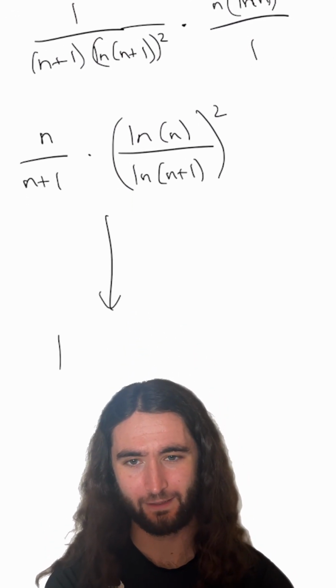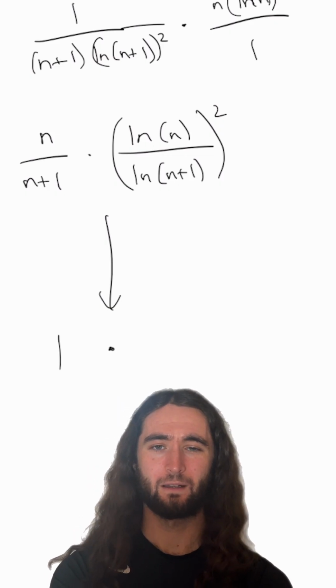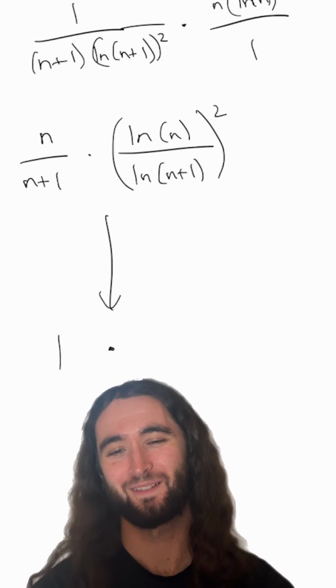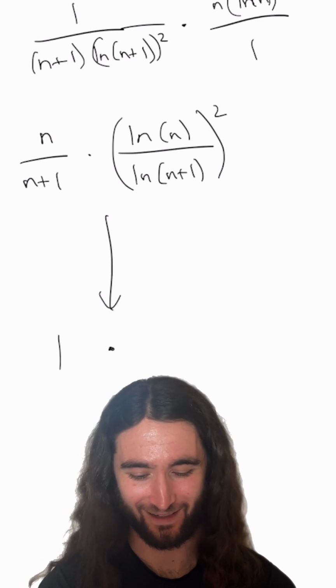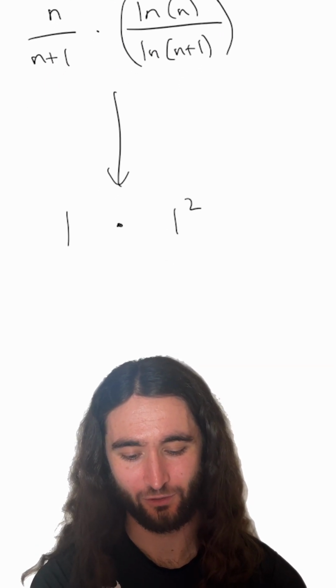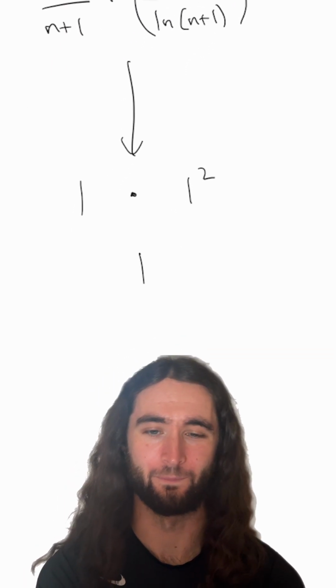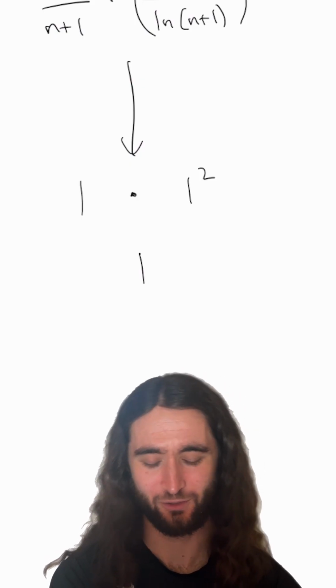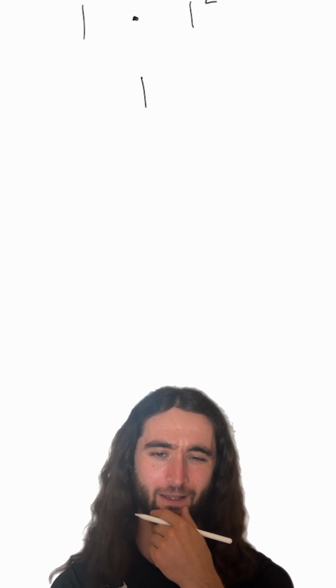Well, this left thing is definitely just 1. And it's good to just know already that the natural log of n divided by the natural log of n plus 1 also goes to 1. So this whole thing goes to 1, which unfortunately means the ratio test fails to tell us the result. So the ratio test is not the way to go.